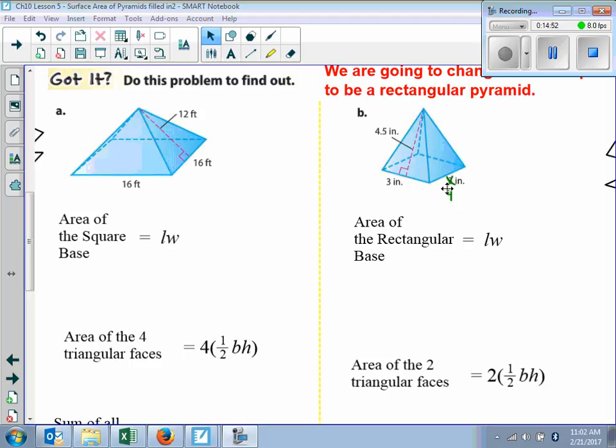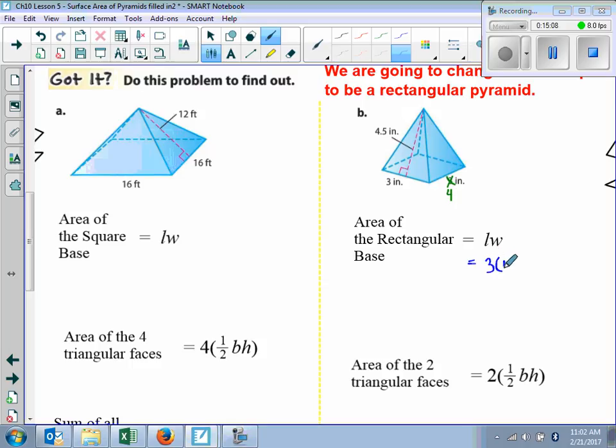The area of a rectangle is length times width, right? So the length there is 3, and the width is 4. So we've got 3 times 4, which is equal to 12 inches squared. Okay?